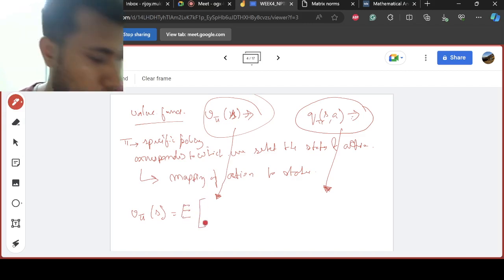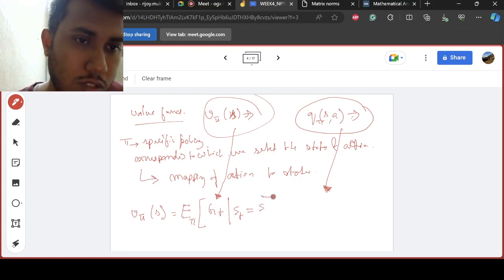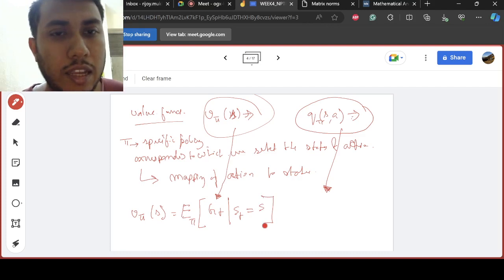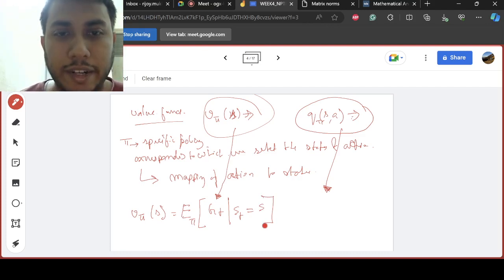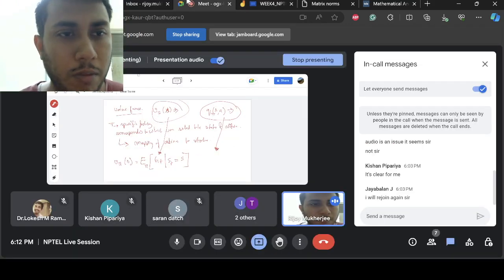It is given by the formula, empirically, the expectation under pi of G t given S t equals s. So currently you are at state s. What is the expected return you might get from this state?